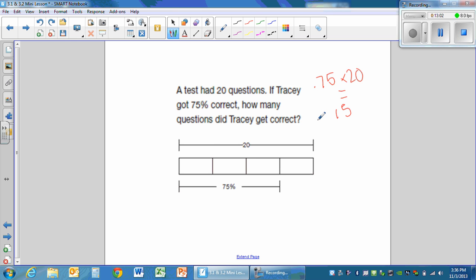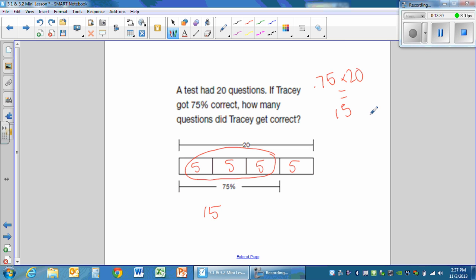You can also use the model and break the total 20 questions up into the 4 boxes. 20 divided by 4 is 5 questions go in each box. And if we want to know the amount that she got correct, which is in the 75%, we can add 5 3 times or multiply 5 times 3. And again, you should get 15 questions correct.